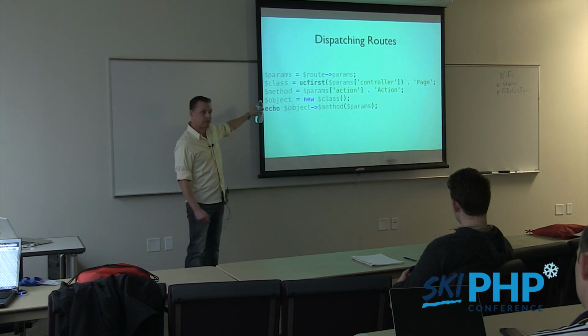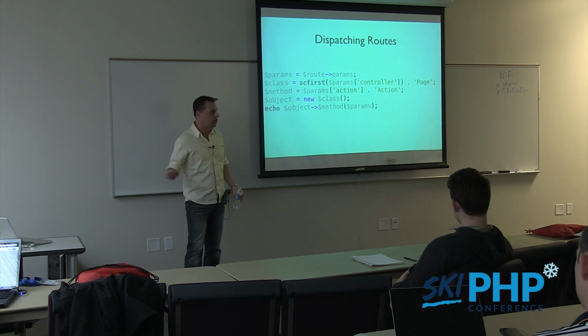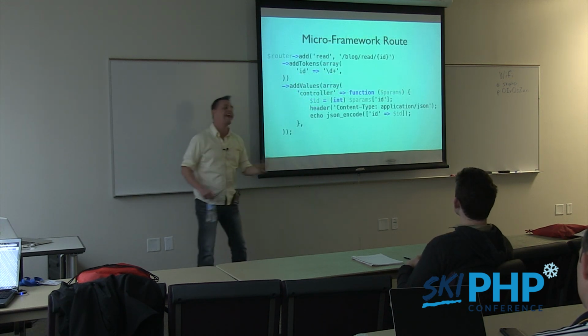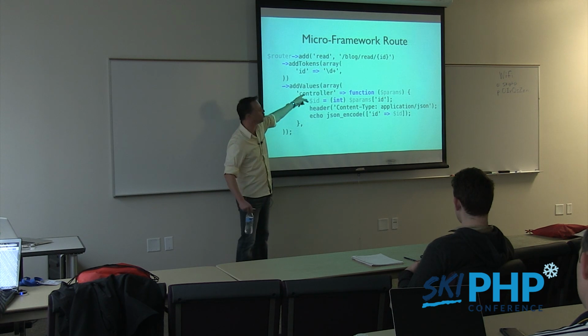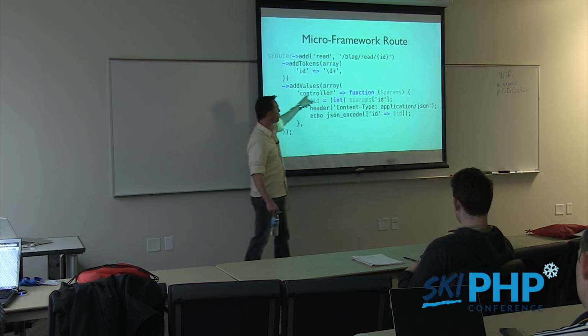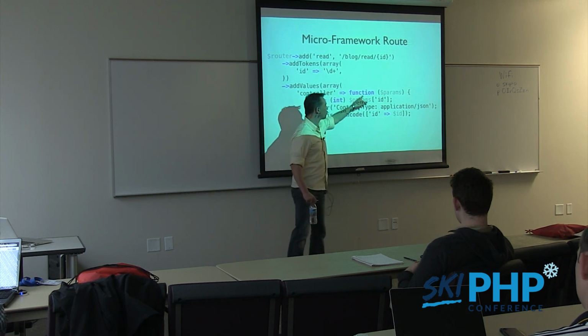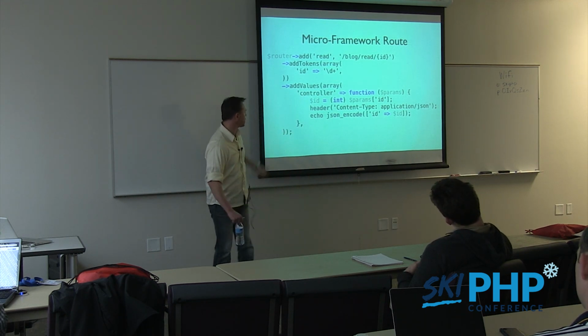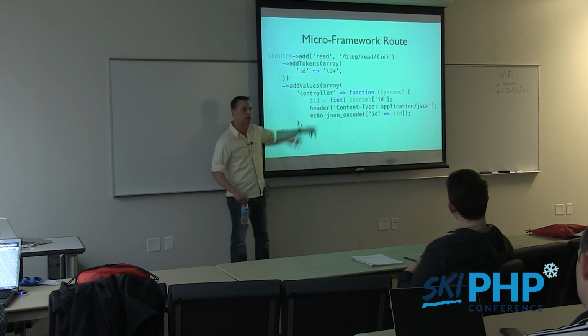This is for a full stack framework style where you have your controllers and classes. Another interesting thing here is, because we don't care what these parameters are, this could be in George for all we care, but we're going to call it controller just because we're familiar with it. Instead of the controller being a string, it can be a closure. So we put in our routing system this closure that we're going to invoke later.